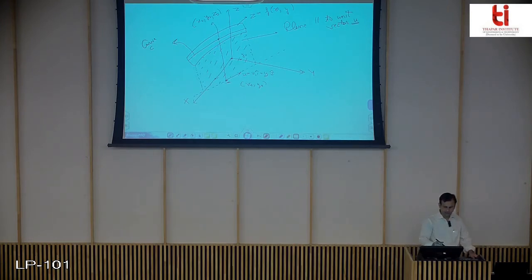So at this point x naught y naught z naught, if you draw a tangent like this one, then this is the tangent. Then the slope of this tangent is actually giving you the directional derivative of f at point x naught y naught.